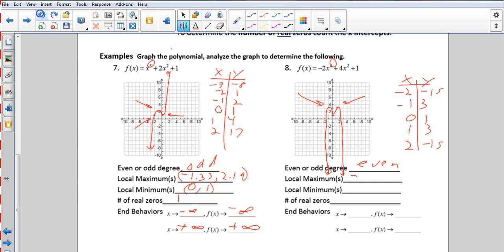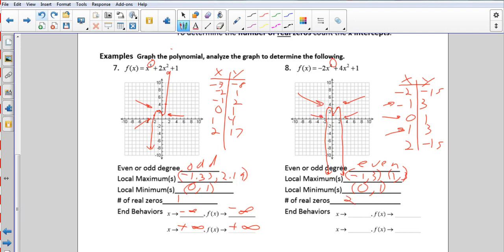They're going to be at -1, 3 and 1, 3. They're right here. Those are our maximums. The minimum, right here, 0, 1. And the number of real zeros, right there and right there, 2 of them.